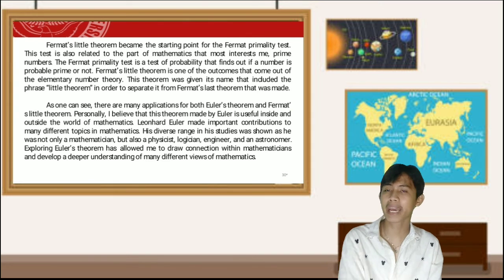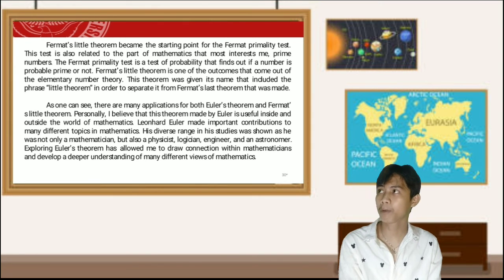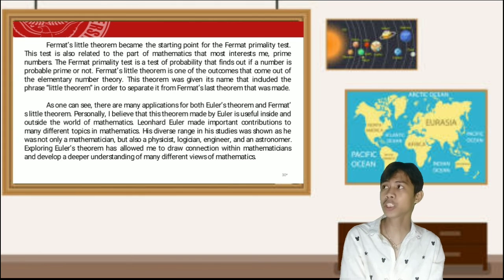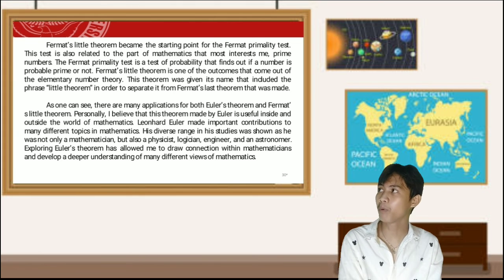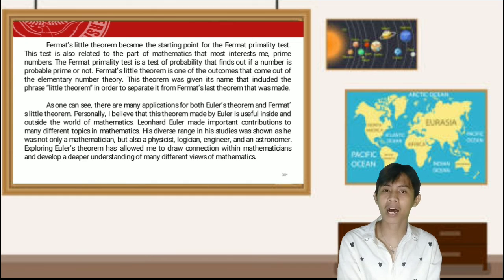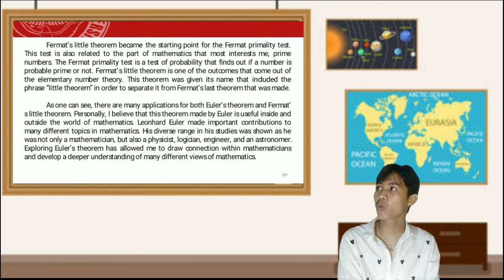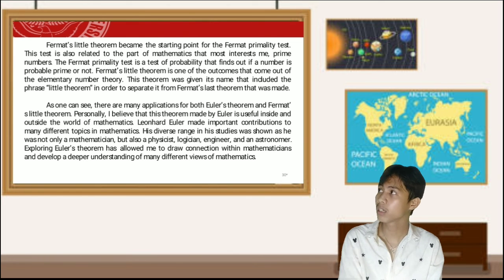Fermat's little theorem became the starting point for the Fermat primality test. This test is also related to the part of mathematics that most interests me, prime numbers. The primality test is a test of probability that finds out if a number is probably prime or not. Fermat's little theorem is one of the outcomes of elementary number theory.